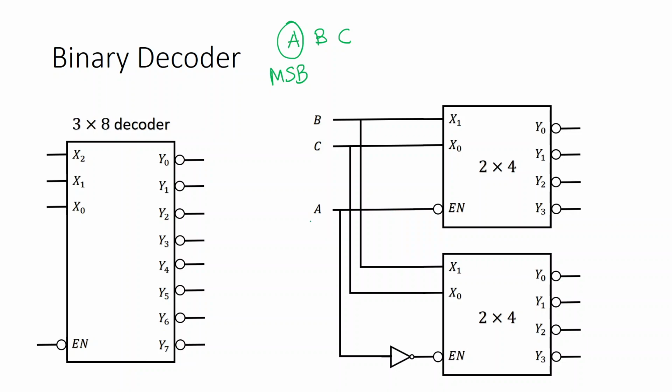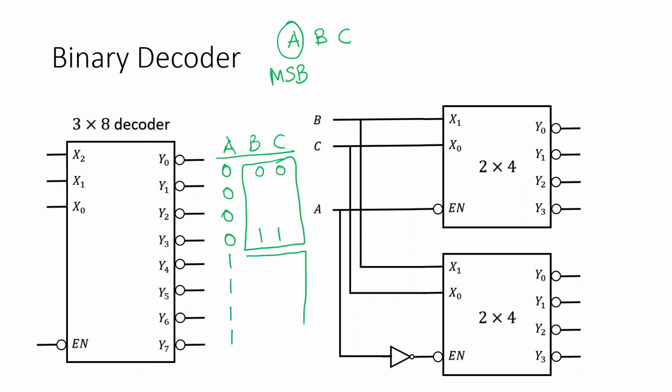Now, how to read the circuit? You see, when you have your input A, B, C, the first four combinations have A as 0, and the last four combinations have A as 1. Whatever this block is from 00 to 11, this same block is repeating here. I hope you understand this.